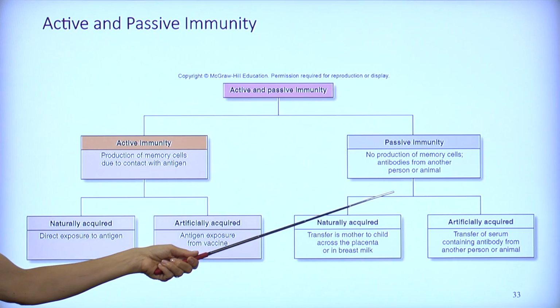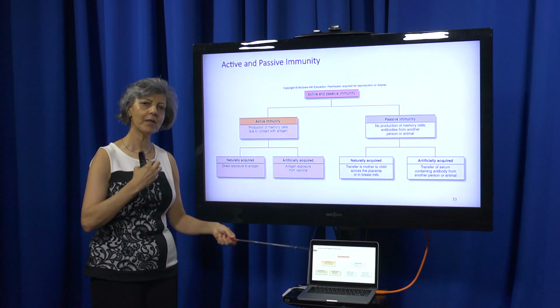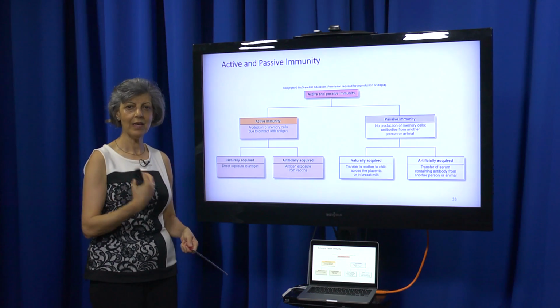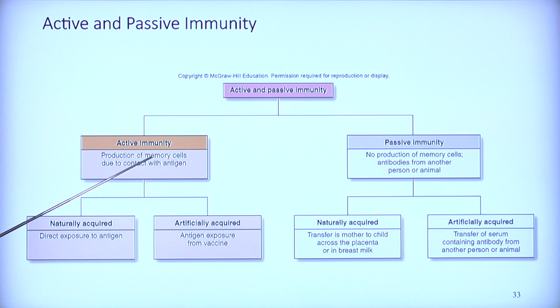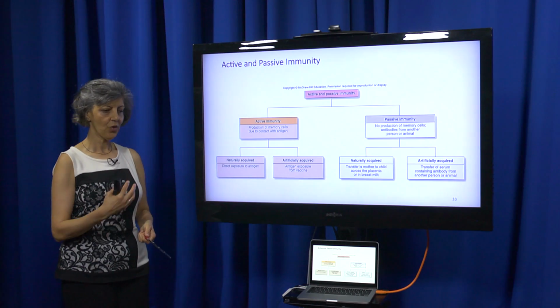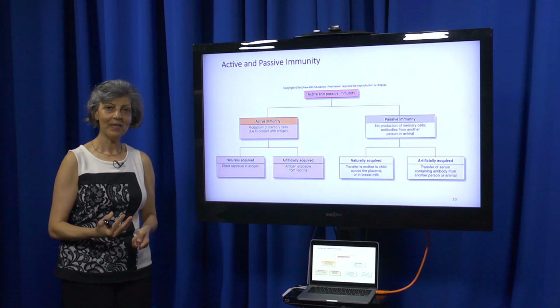Passively, I am not producing the antibodies, but I am receiving them from another source. I don't take part. Let's see examples of active immunity. This can occur naturally or artificially. Naturally, if we are infected, if we get sick. So if I am infected with the measles, my body is going to be activated.